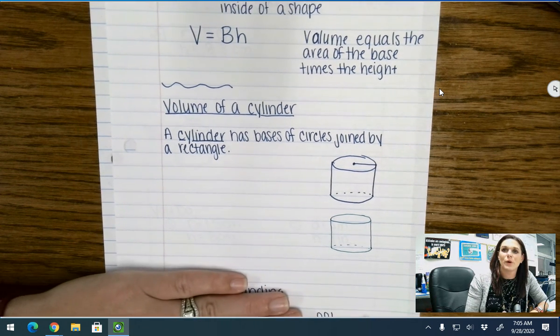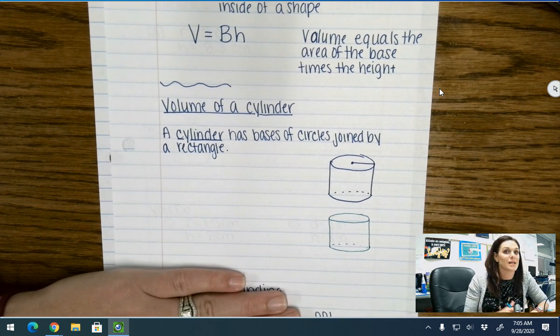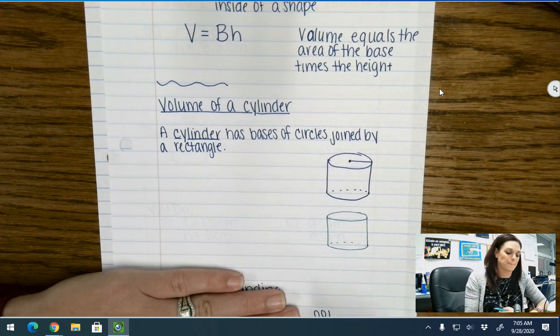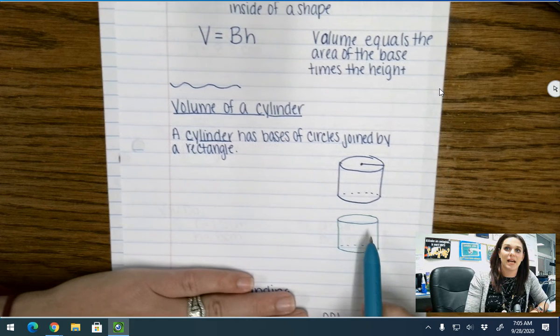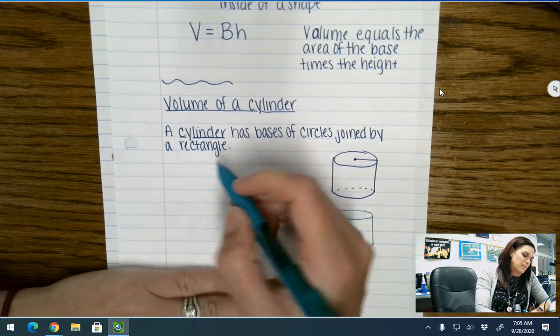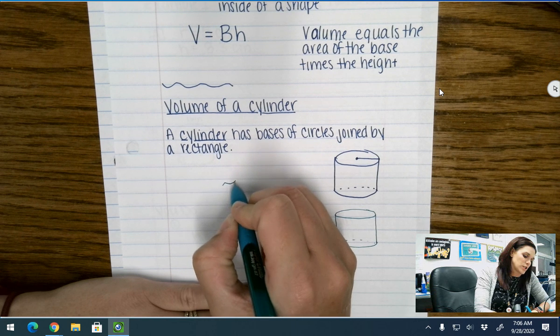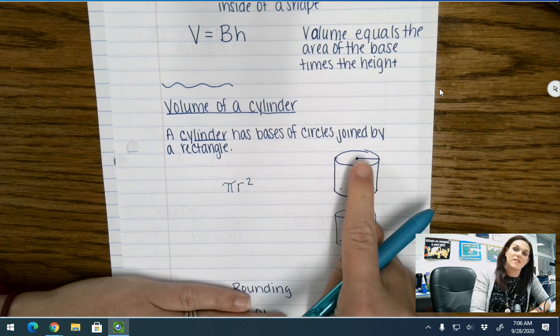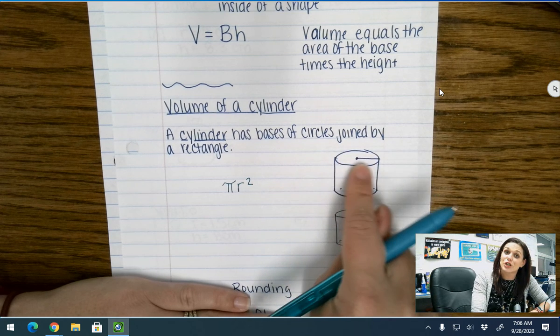We need to focus in on the formula for this, because that's the beauty of geometry: there's a formula. Once I know the details, I plug them in. I'm dealing with a circle to start, so because my base is a circle, I'm going to start with pi radius squared, finding the area of the circle.